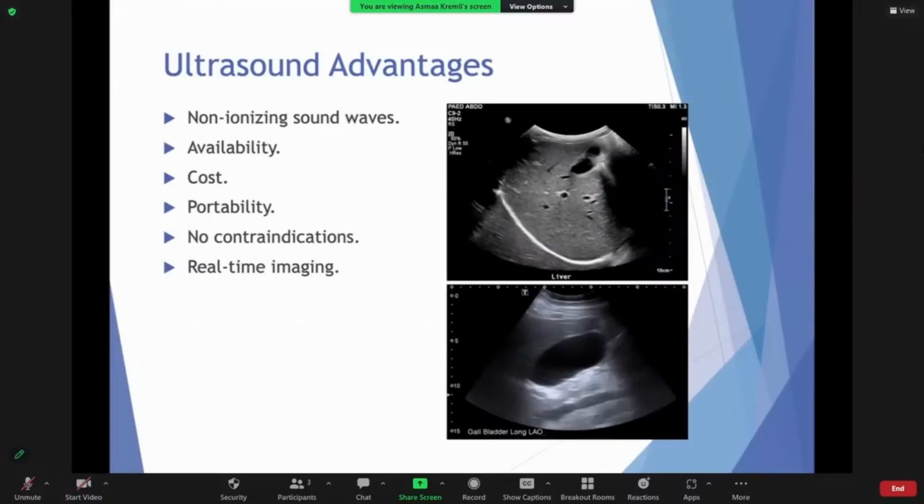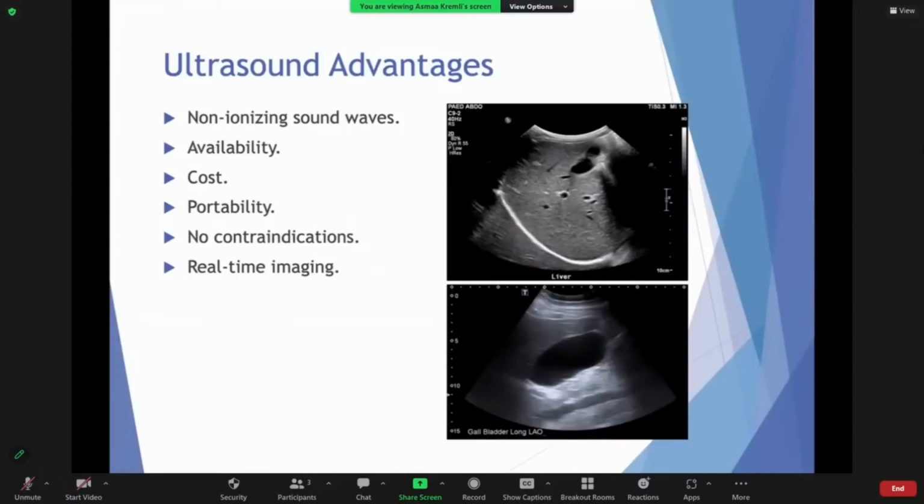In most centers, ultrasound is more readily available than more advanced cross-sectional modalities. The third advantage is cost. Ultrasounds are less expensive than CT scans and MRI scans. The fourth advantage is portability.